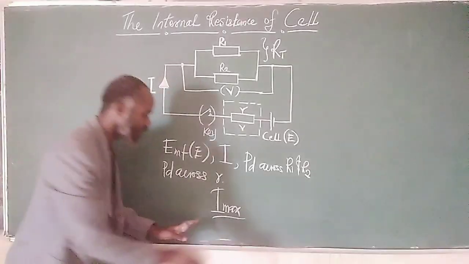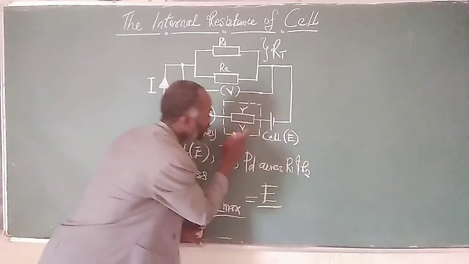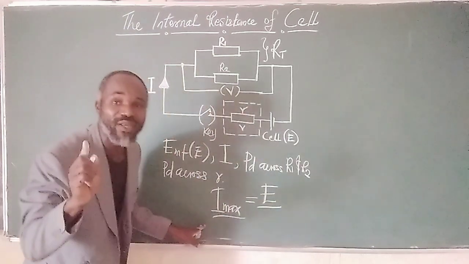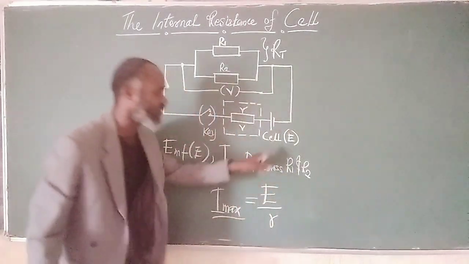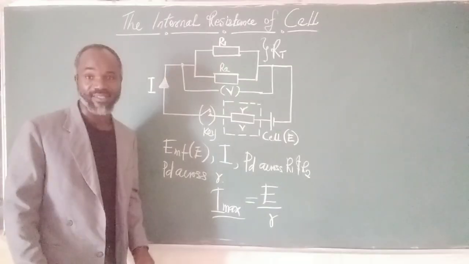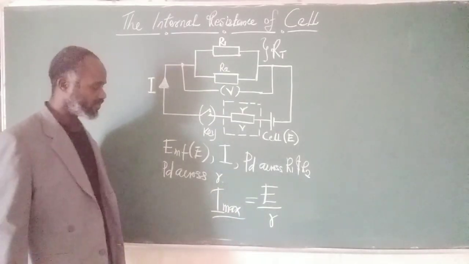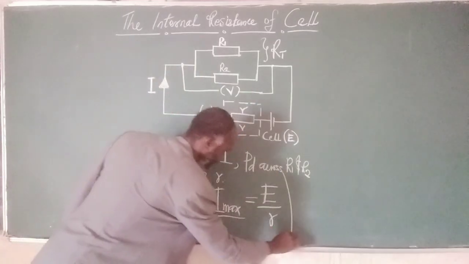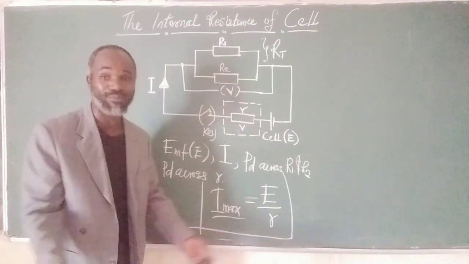That is I. And then we have the energy from the cell over the internal resistance of the cell, because that is what affects the efficiency of the cell. The internal resistance affects the efficiency of the cell. If we take care of this, then we are halfway to solving the entire problem.